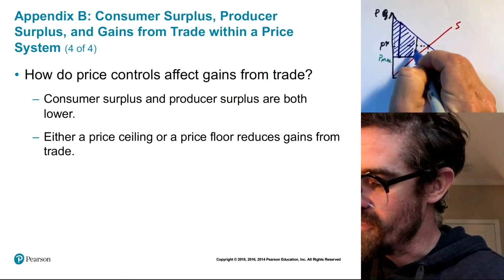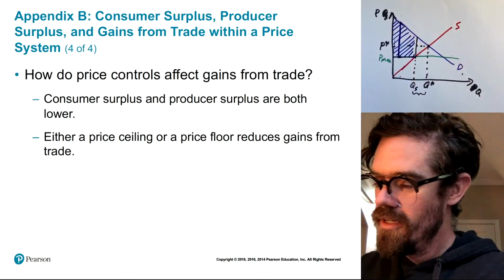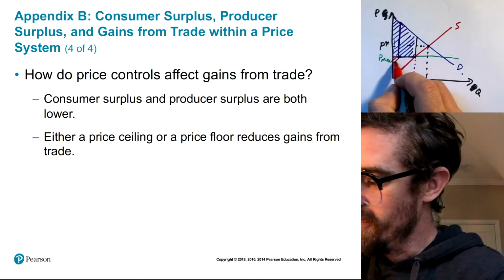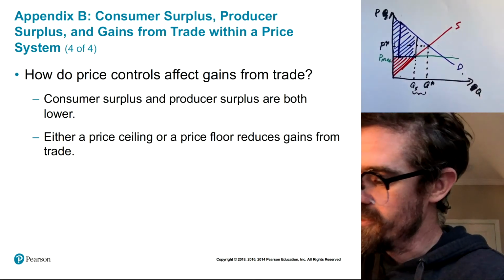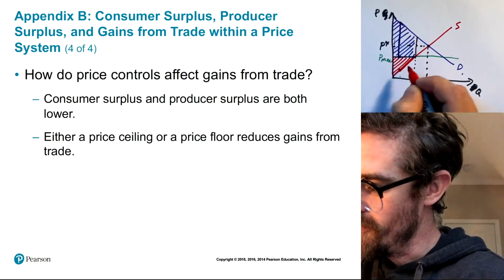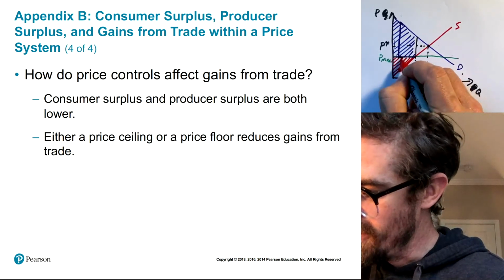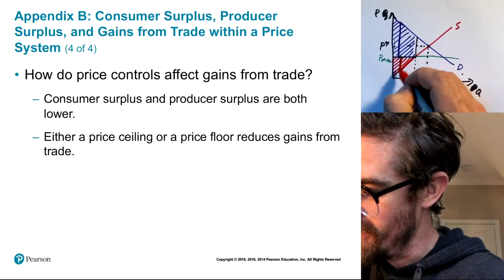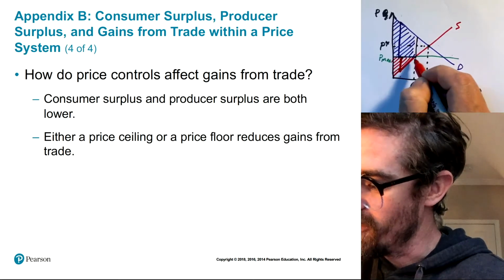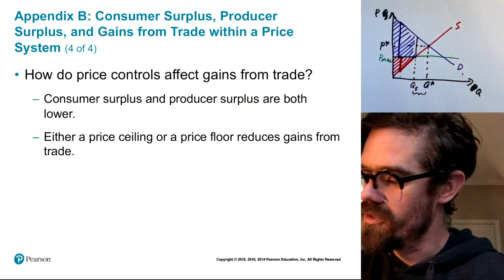And if we add those up for every single consumer, then that's total consumer surplus. And then this triangle down here is producer surplus, right? Which is the difference between a seller's willingness to sell, their minimum price that they're willing to sell at, and the price that they actually get. So that height there would be one producer's surplus. And if we add them all up for all producers, that would be total producer surplus.